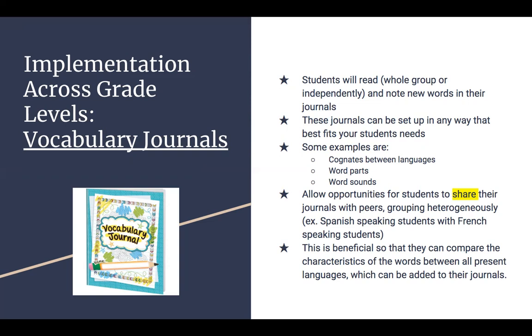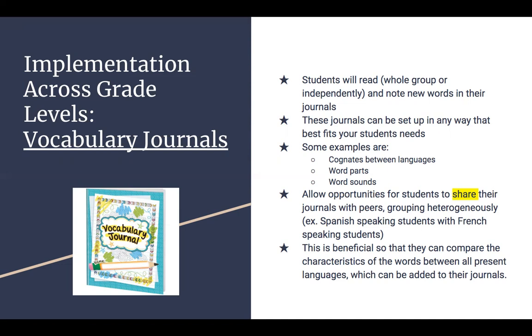So for an example, this would be pairing a Spanish-speaking student with a French-speaking student. So this is beneficial so that they compare and contrast characteristics of words between all present languages, which can be added to their journals. So students are able to compare the differences and similarities between not only this word in English and their home language, but also, for example, say I'm a student who is bilingual.